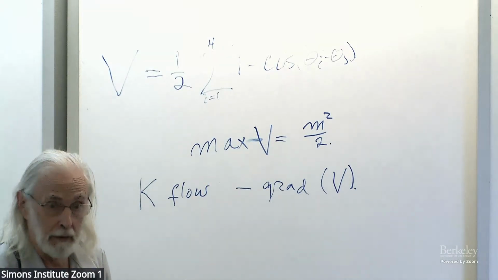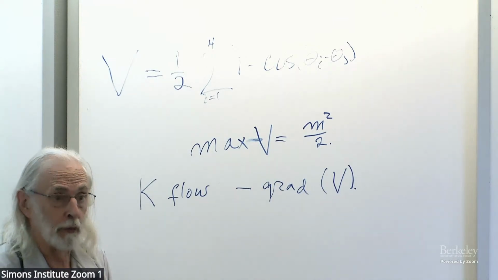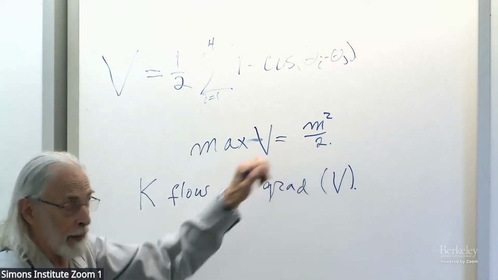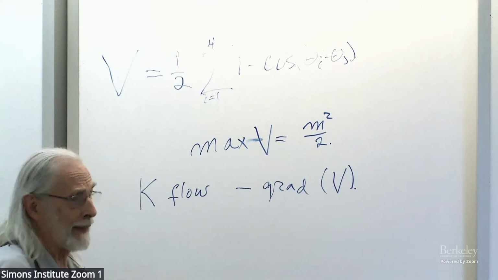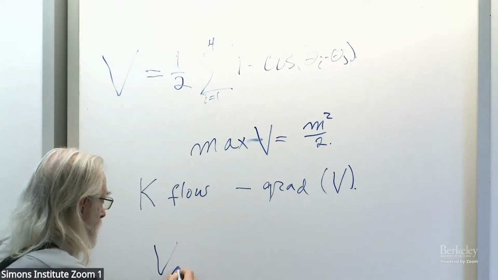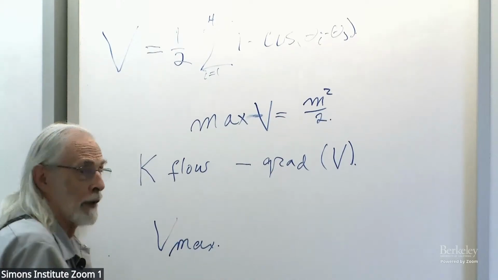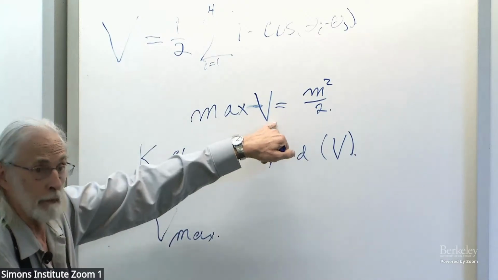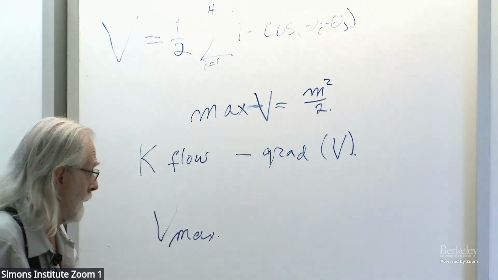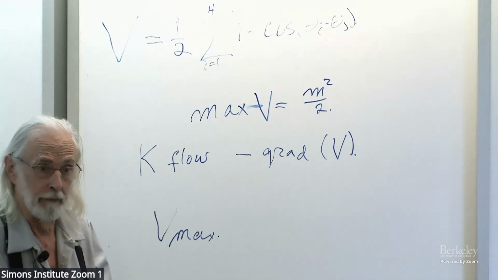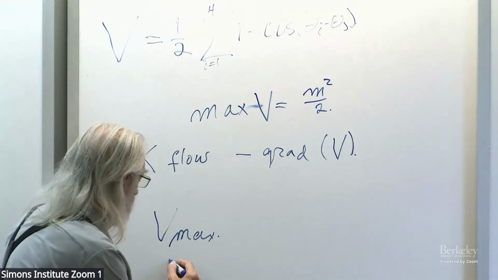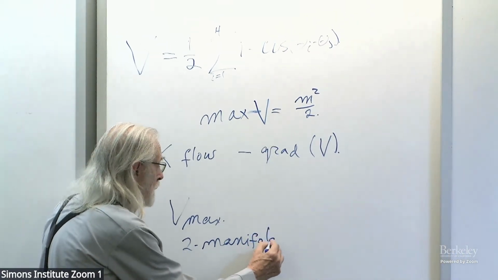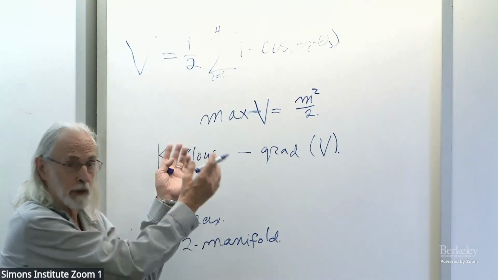And as Steve said, it has a finite number of critical points when you are at values below the maximum. But when you're at the maximum, you have a set: the points on the 4 torus where the value is equal to m squared over 2. That's an interesting set. It's a two-manifold, which you figure out using the implicit function theorem and the equations.